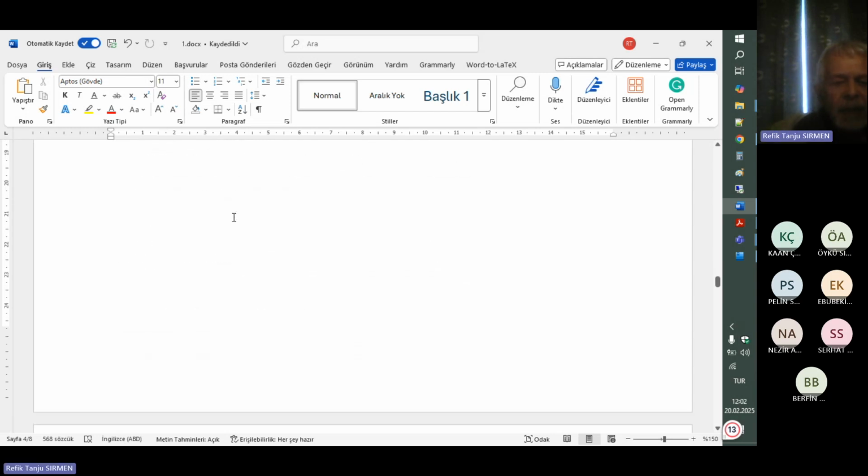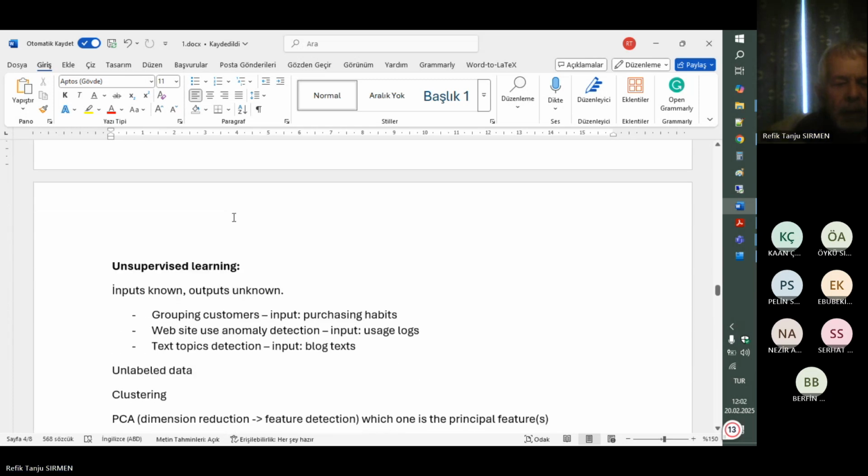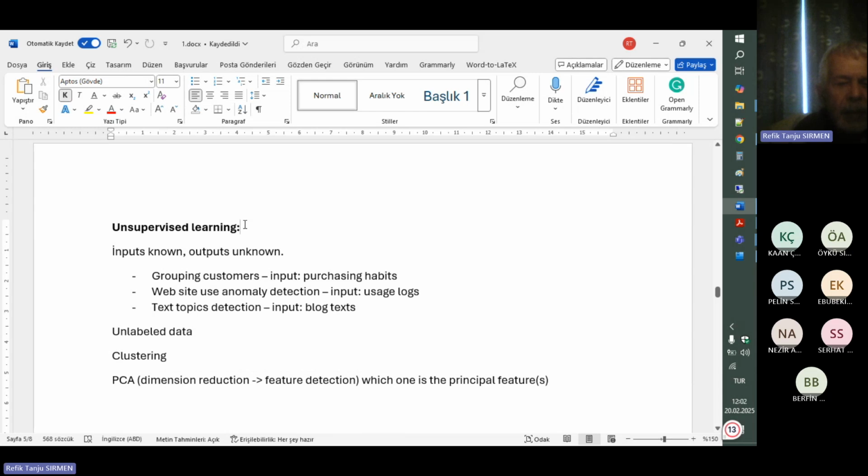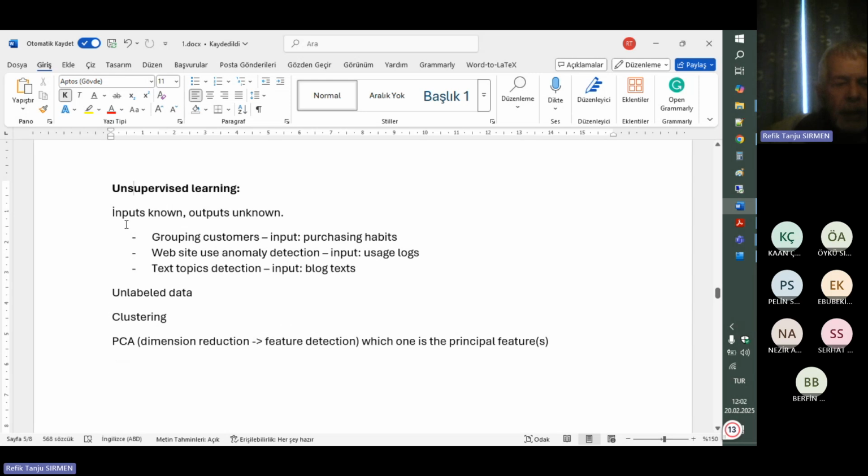But as I said, if we do not know the labels, or anything about the data, the internal patterns, we apply unsupervised learning. Here, inputs are known, of course, but outputs are unknown. We apply different methods. For example, we may need to group customers based on input data, maybe purchasing habits and other things, such as gender and salary, or whatever.